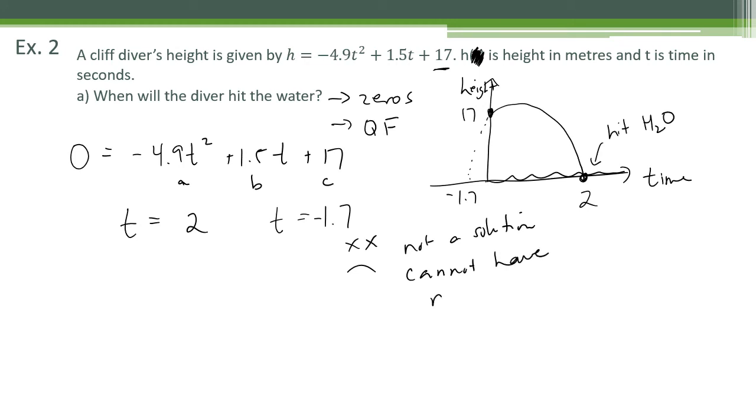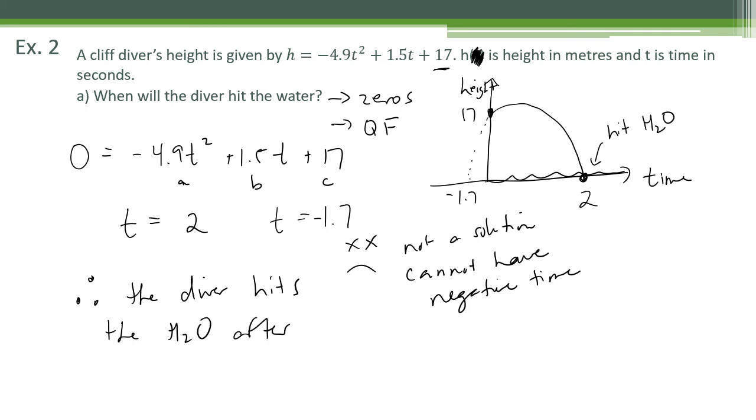You cannot have negative time. So what that does mean is, therefore, the diver hits the water after 2 seconds. Hopefully that makes sense.